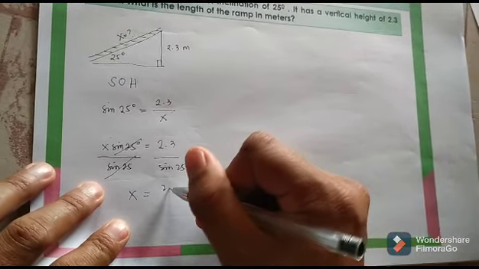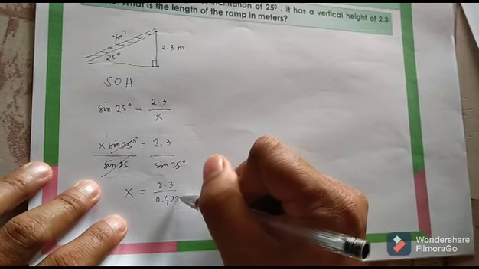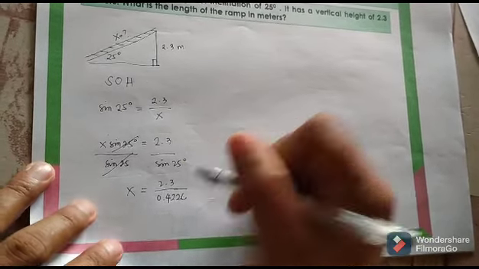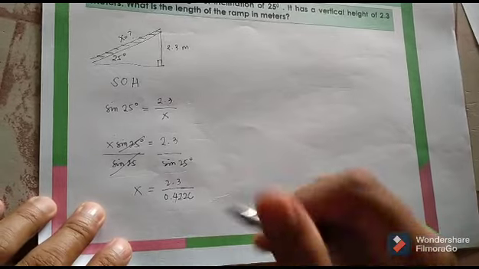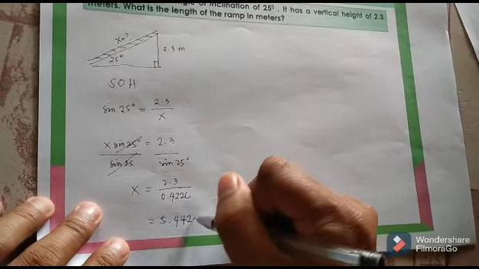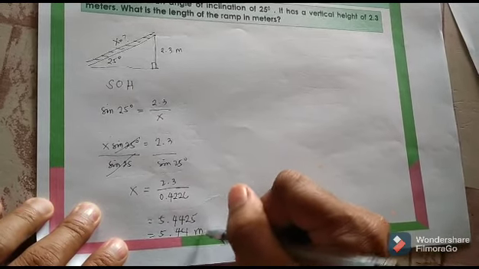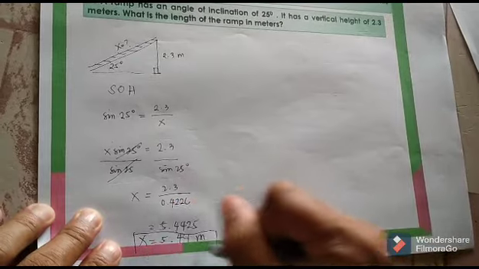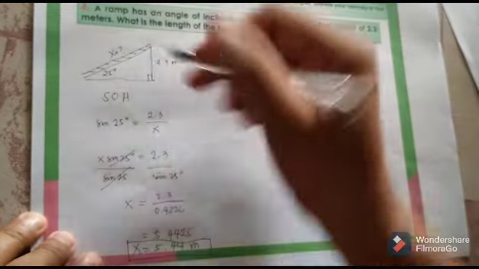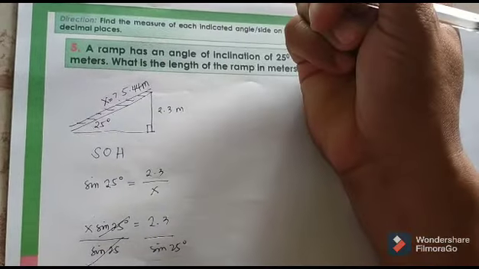This is 0.4226. As we divide, this would be 5.4425, or you could have 5.44 meters. So that would be the length of our ramp.